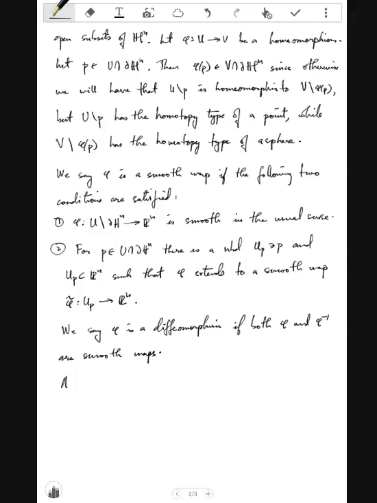A smooth manifold with boundary is constructed out of the following data.